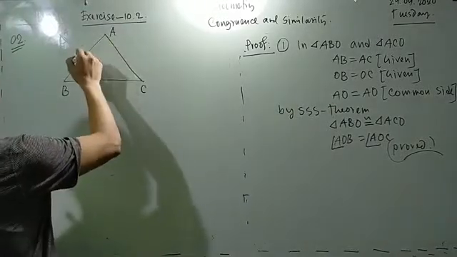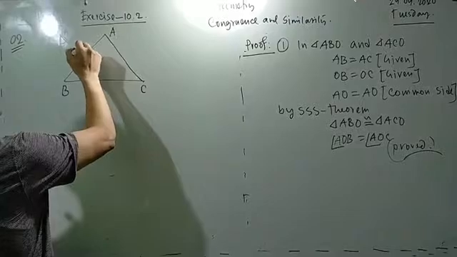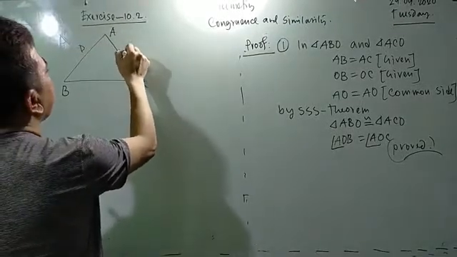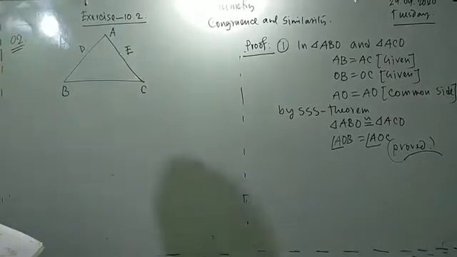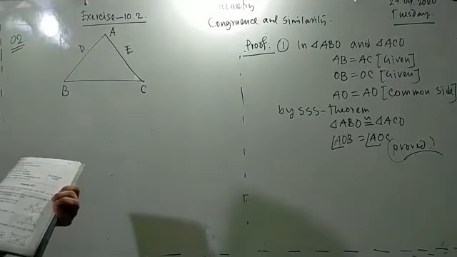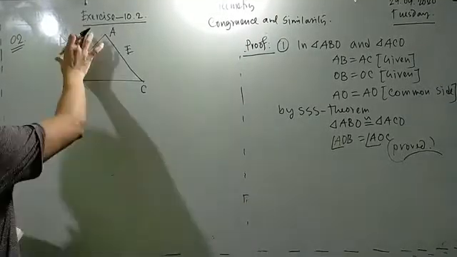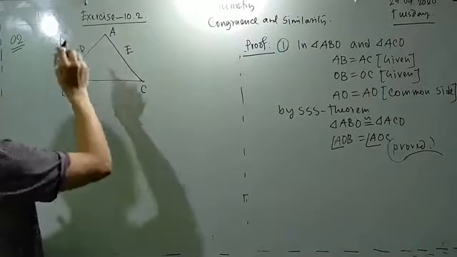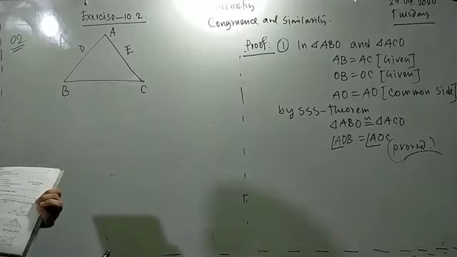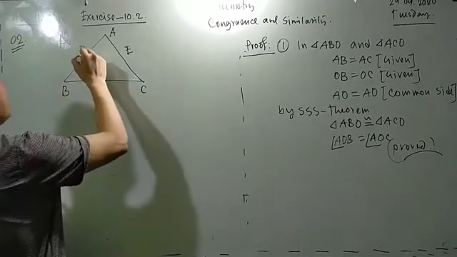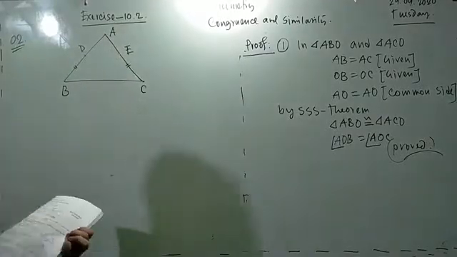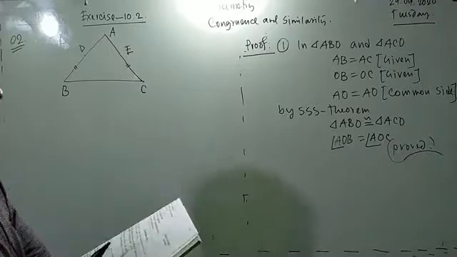So D is on AB, and E is on AC. That means this one is equal to this one. It's given in the question. We are just drawing based on the information given in the question.